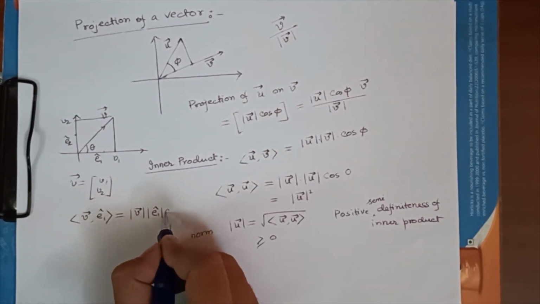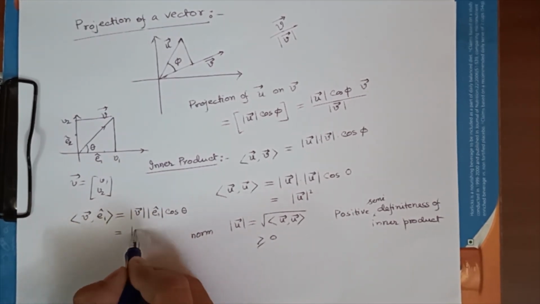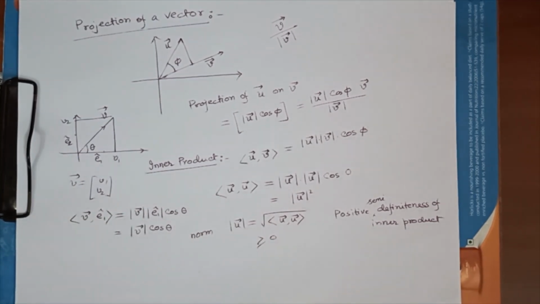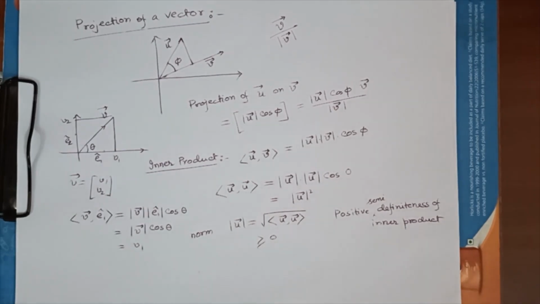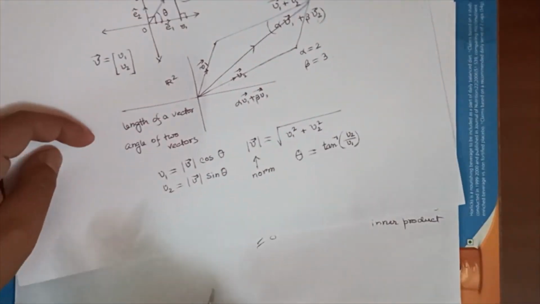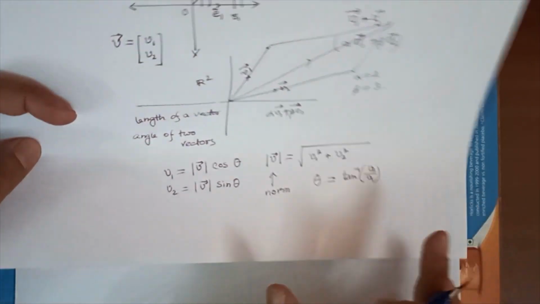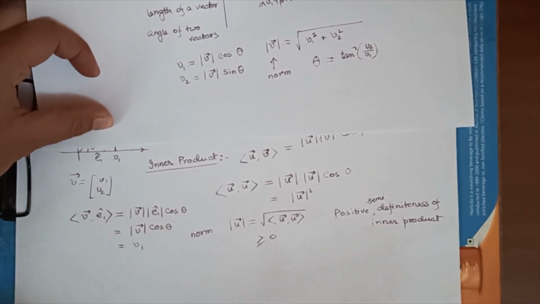Unity into cosine of theta. So that is essentially the length of V into cosine of theta. That is obviously our understanding of V1. We have shown in the earlier page that V1 is essentially length of V into cosine theta. So V1 is nothing but the inner product between V and E1.